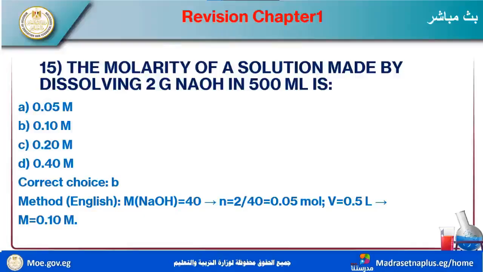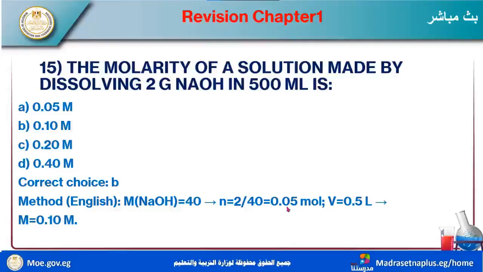Now you can divide 2 by 40, which equals the number of moles of sodium hydroxide, 0.05 moles. The volume is 500 milliliters, which converts to 0.5 liter.